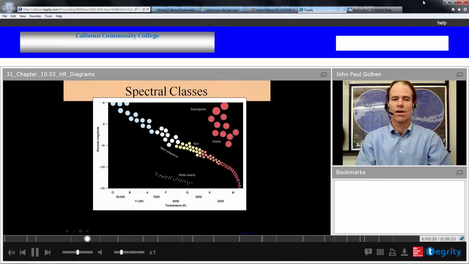So here is our HR diagram. Absolute magnitude or luminosity on the vertical axis, going to higher brightness, up to negative magnitude, and then higher temperature to lower temperature, also designated by spectral class, OBAFGKM.